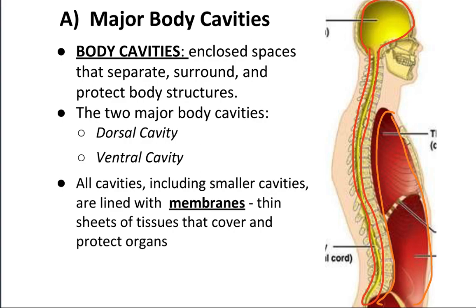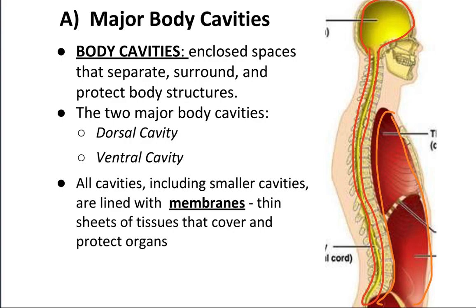Okay? Now, all these cavities, including the smaller cavities, are lined with membranes, and those membranes, just reminding you, are thin sheets of tissues that cover and protect the organs. So, meaning that the very outer edges of these pockets have thin protective sheets that help protect the softer organs inside, and connect those organs to the side walls.